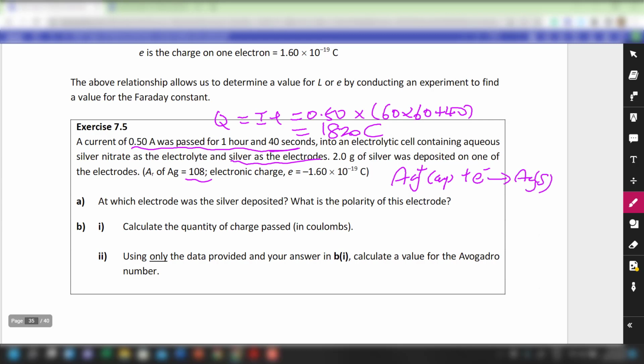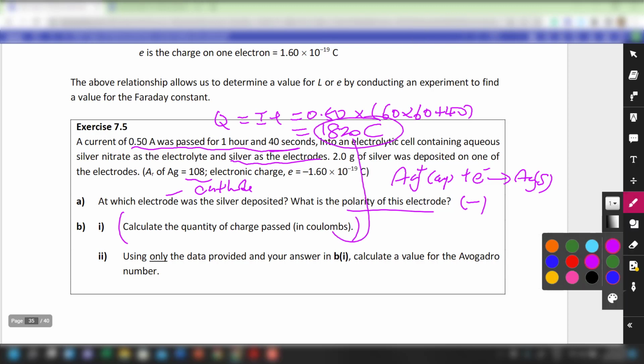So that will be the cathode, because reduction is taking place, and the polarity of the electrode will be negative, in order to attract the positively charged cations. Then calculate the quantity of charge in coulombs. I've calculated it to be 1820 coulombs.